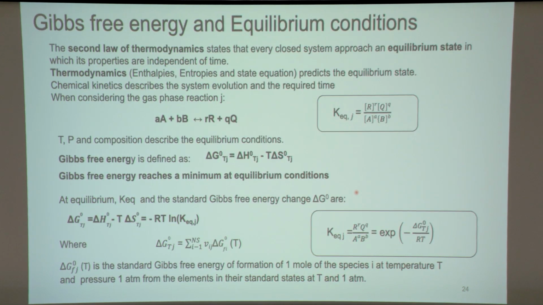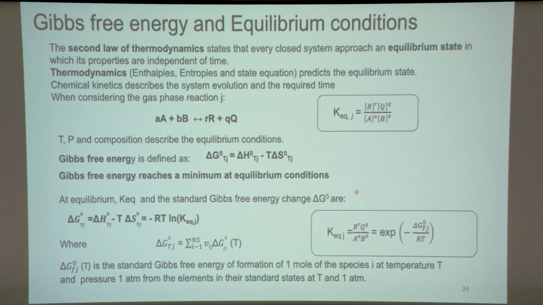So from the heats of formation, we can then go to things like the Gibbs free energy of reaction. This is the other important condition that we care about when we're talking about kinetics and chemical kinetic systems. So if we take a system and we want to determine its equilibrium state, we can use the Gibbs free energy of reaction.